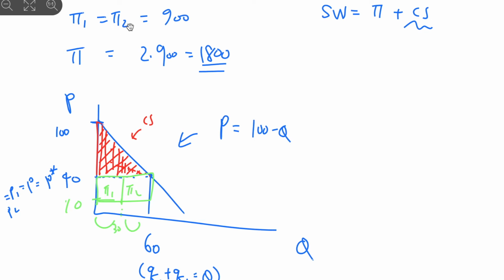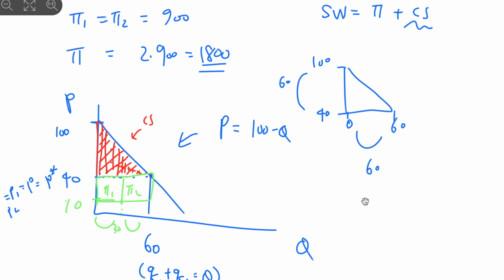Okay, all right. So let's calculate the consumer surplus. How can we get it? It's a triangle, right? Starting at 0 to 60 right there, and then 40 to 100. What we're doing is trying to capture the gap. The length is 60, and the other length is 60, right? So how can we get the area of the triangle? We have 60 times 60, the length of each side, times one half.